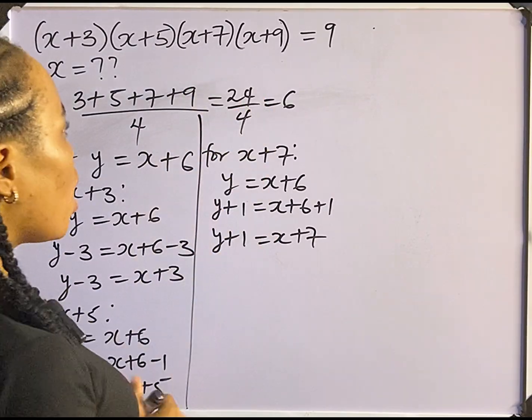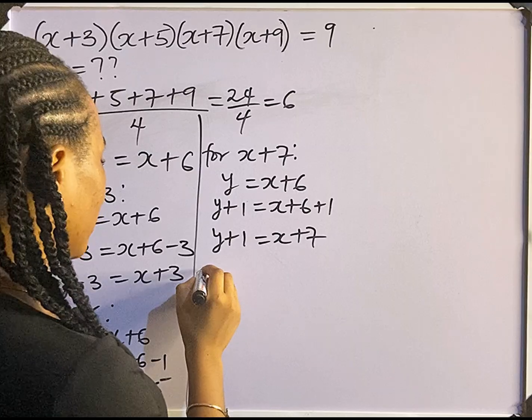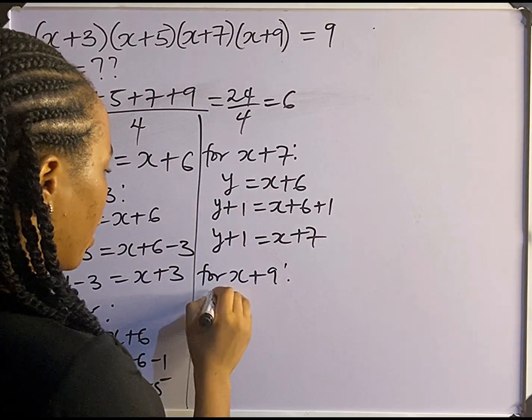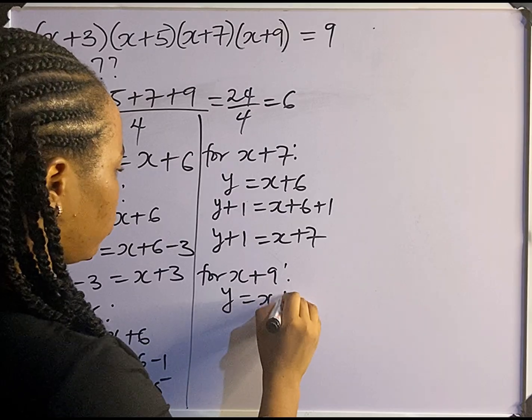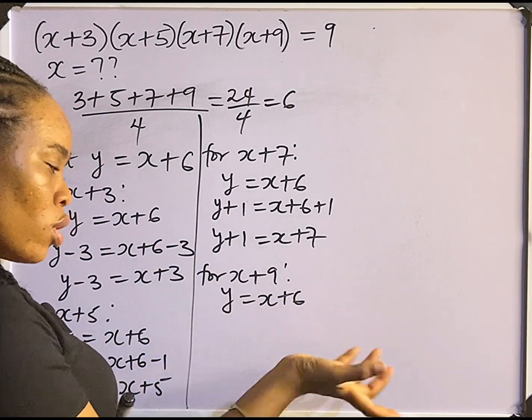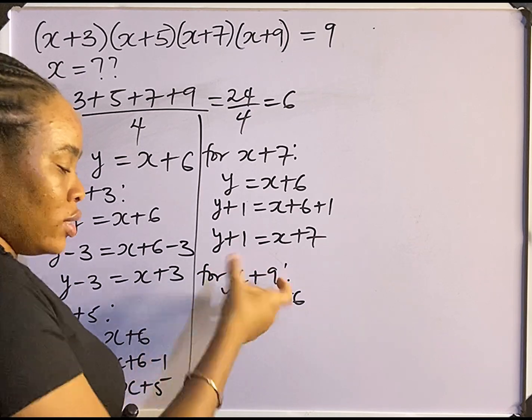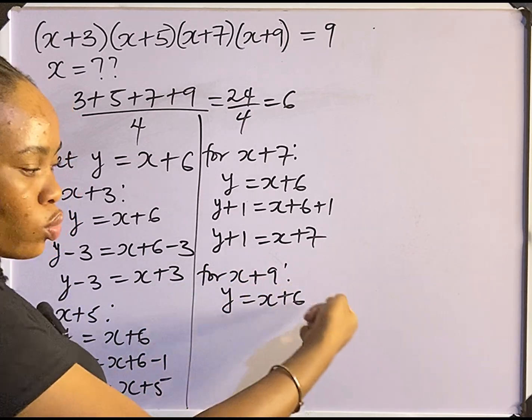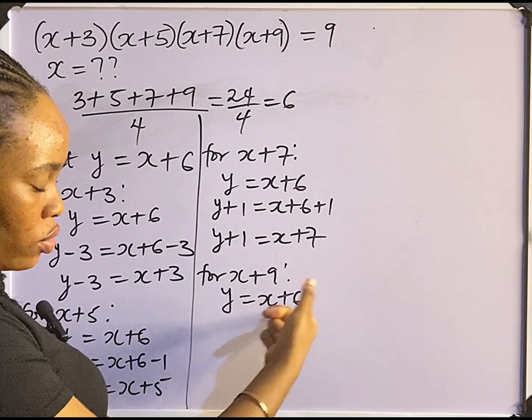Now how about for x plus 9? So for x plus 9, I have y equals x plus 6, right? So what do I do again to this equation to balance it to get this? I'll add 3 to both sides, right?